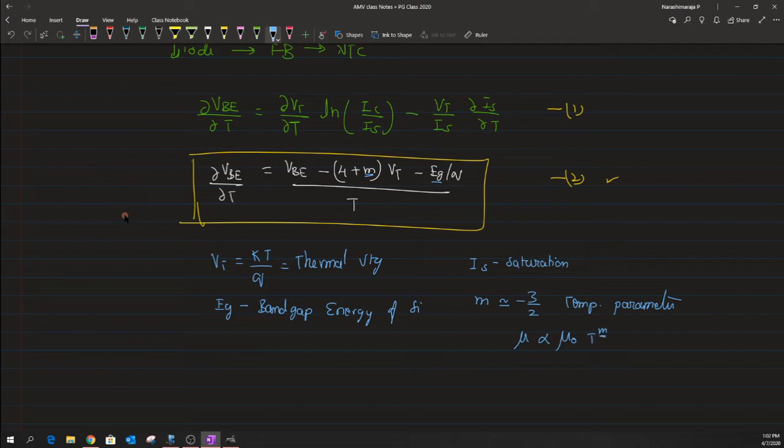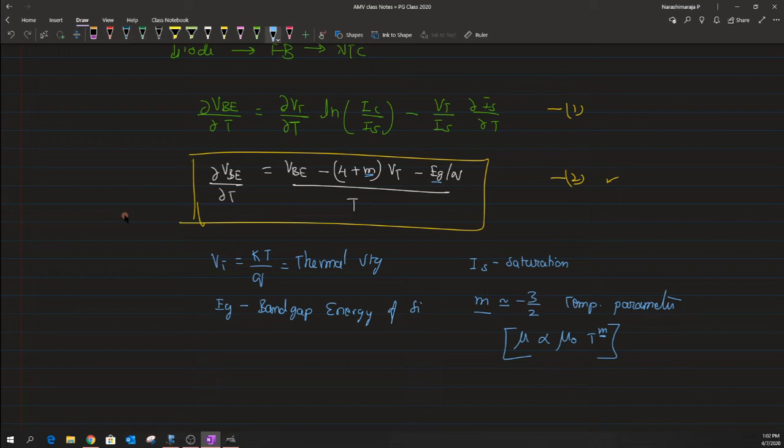It is this m that is being written here, and what has been expanded in this dou VBE with respect to dou T term. Okay, so we are not worried about all of these things, but the only thing that I am worried about is this factor m, which is closer to a value of minus 3 by 2, and this is what we wanted out of this.